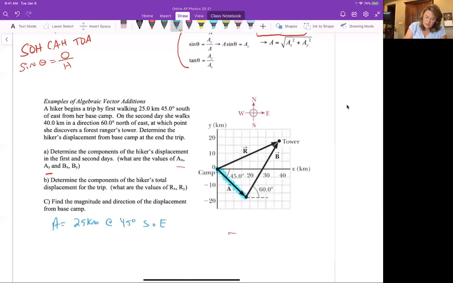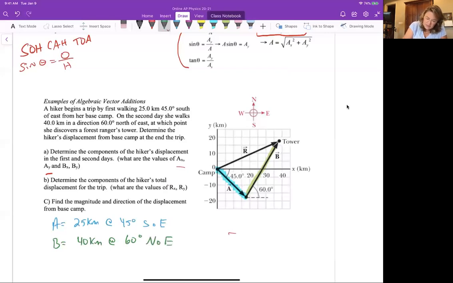Okay, and then she walks. So I have to add B to it, tip to tail. And B is equal to 40 kilometers at 60 degrees north of east.